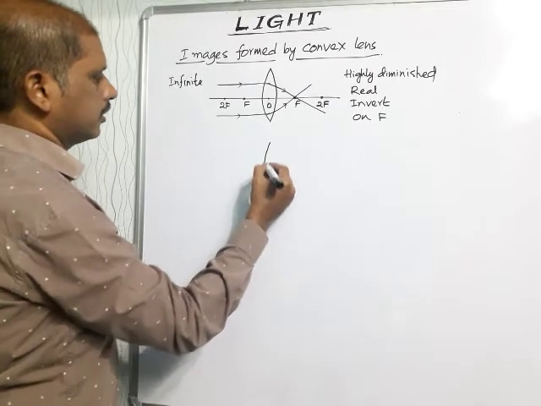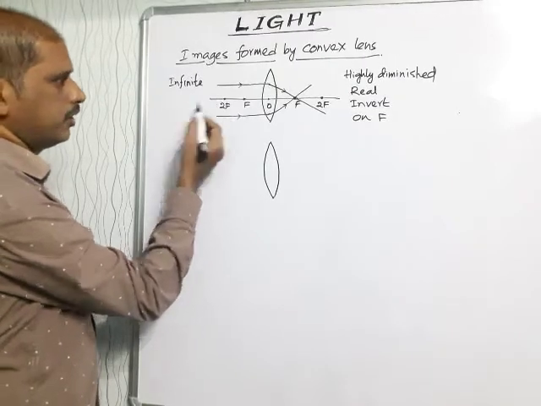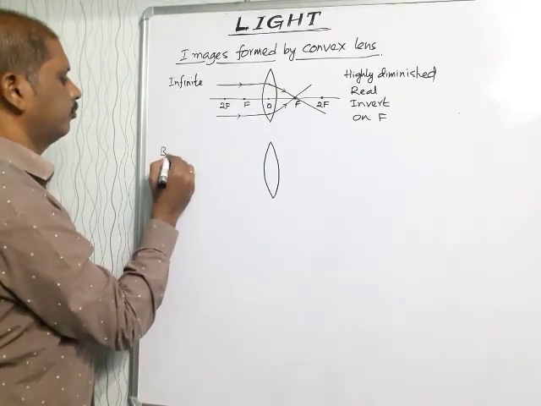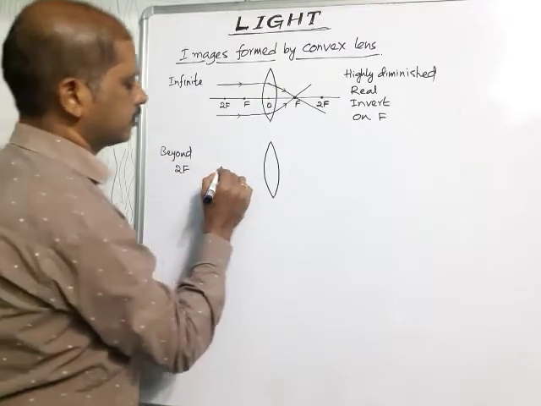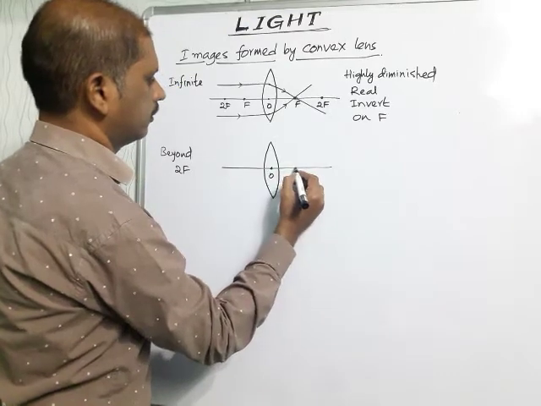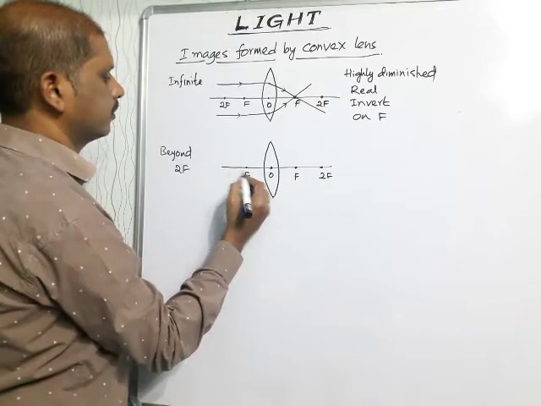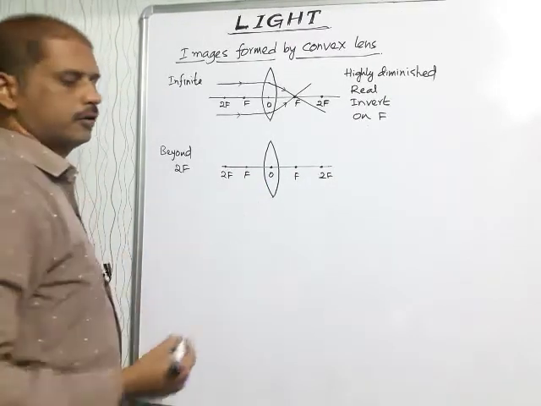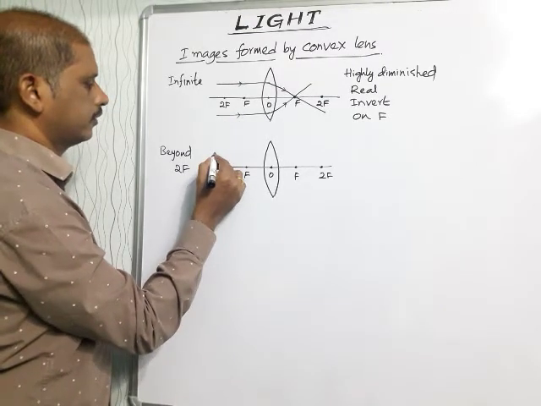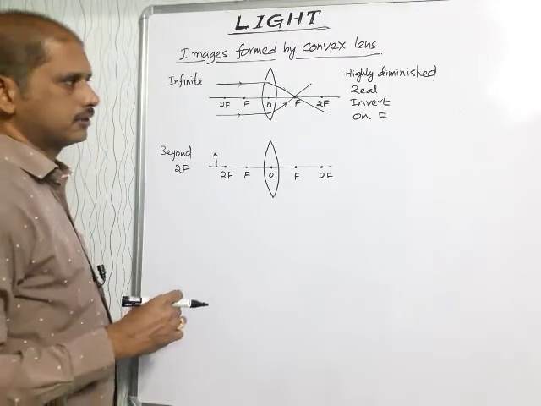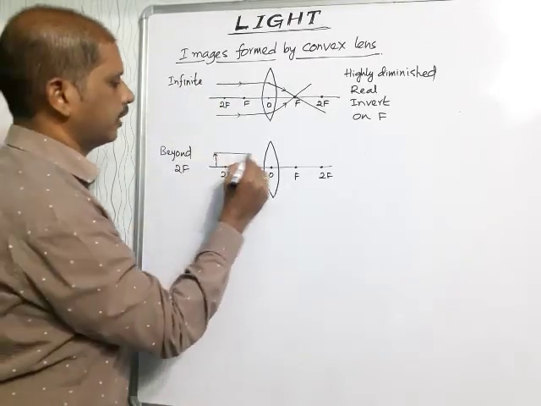Now the next case, take the convex lens. The object is kept just beyond C, or beyond 2f. So this is the principal axis, optical center, F and 2f. This is also F, 2f. Now I take the object just beyond 2f. Here we have to show the object. Take one parallel ray.